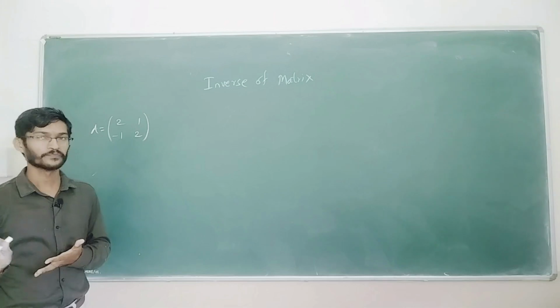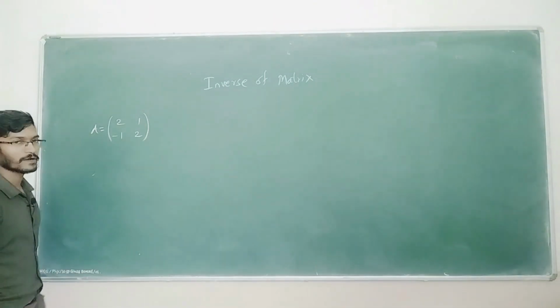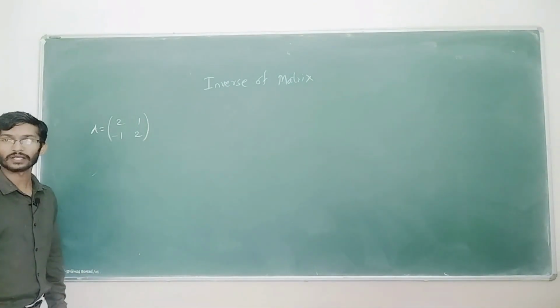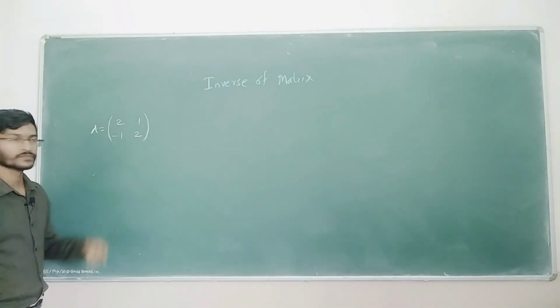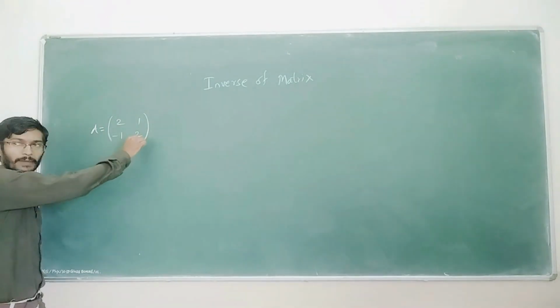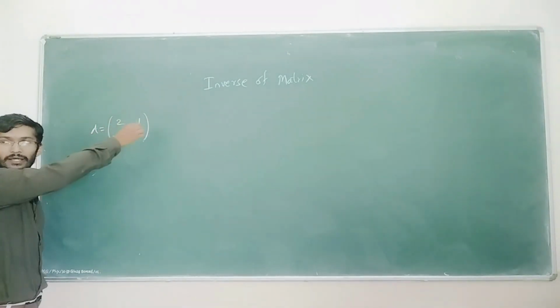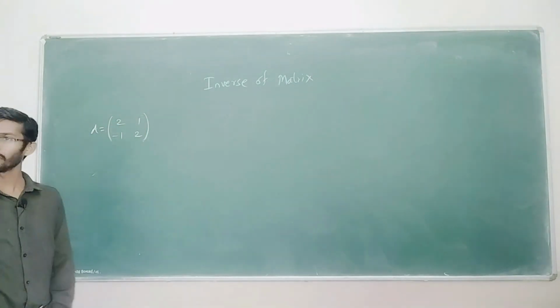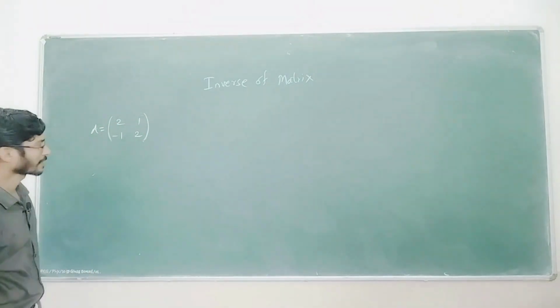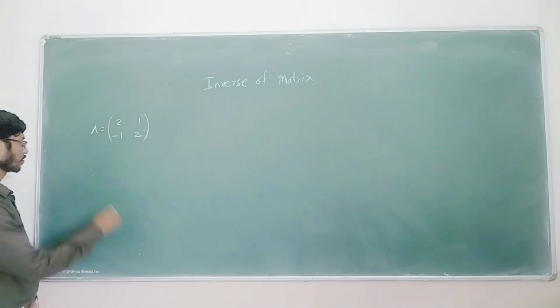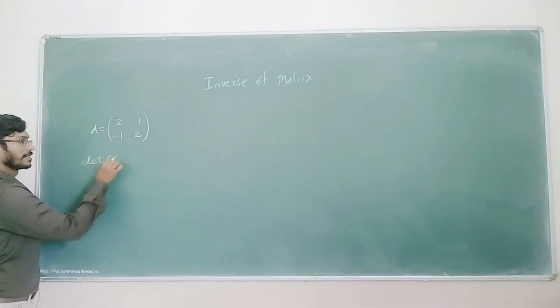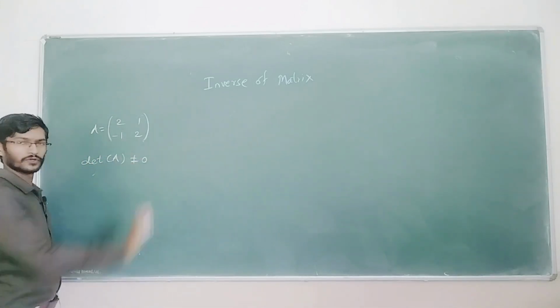Let's confirm that this matrix has a non-zero determinant. So 2 into 2 minus 1 into 1, minus the off-diagonal product, so it has determinant equal to 5. It is non-zero. So this is mandatory: determinant of A is not equal to 0.